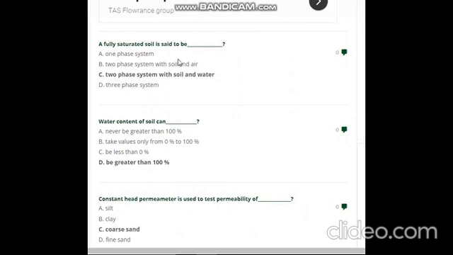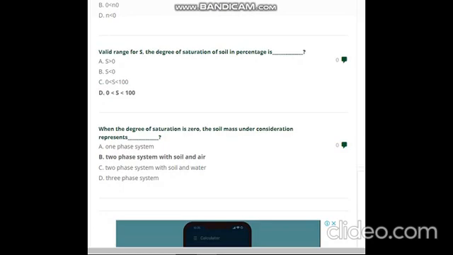In the first MCQ, a fully saturated soil is said to be a two-phase system with soil and water. That is fully saturated. In that case, the degree of saturation is 0, not full. The soil mass under consideration represents a two-phase system, soil and air in place of water.